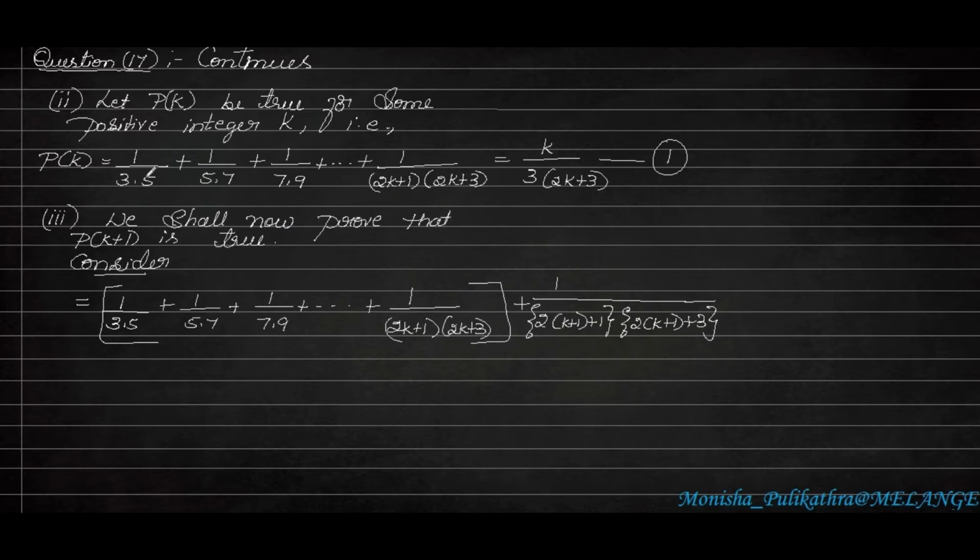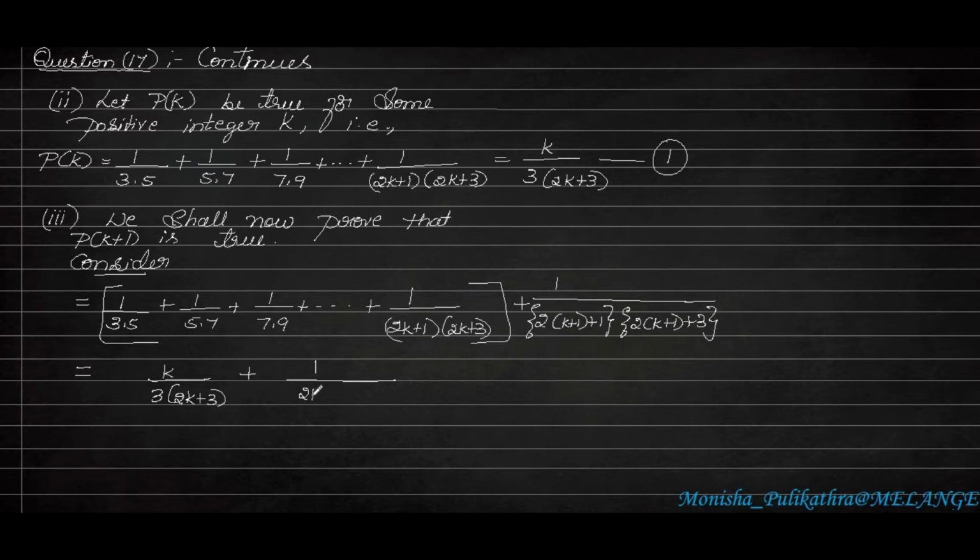Okay. So we know that from equation 1 this whole series is equal to this part. So instead of this whole series we can write only this equation. So this will become k by 3 into 2k plus 3 plus 1 by, here we can multiply 2 with k plus 1.